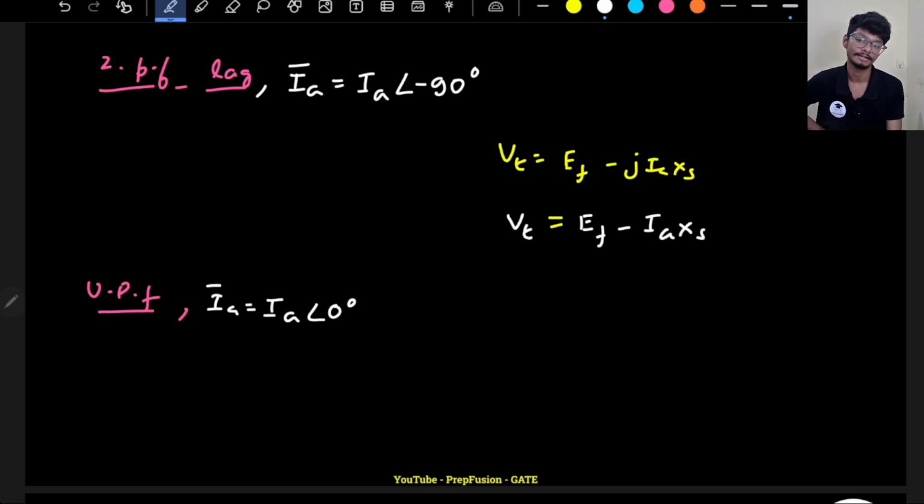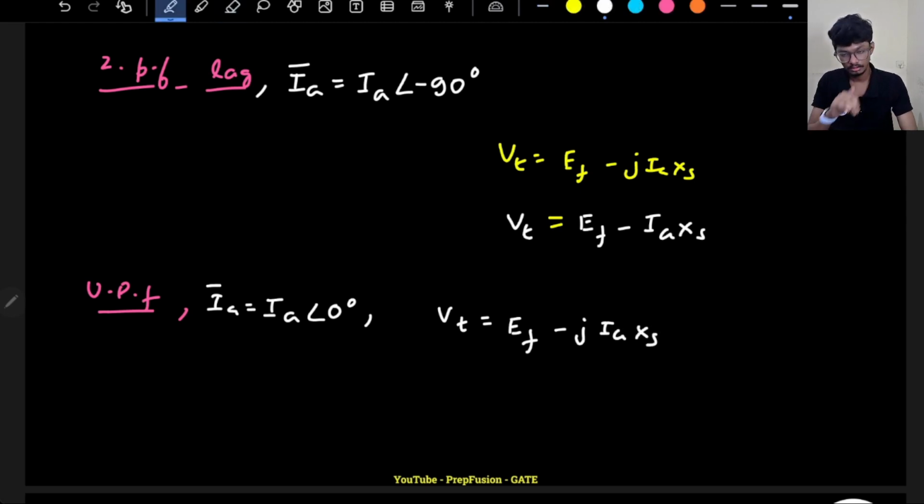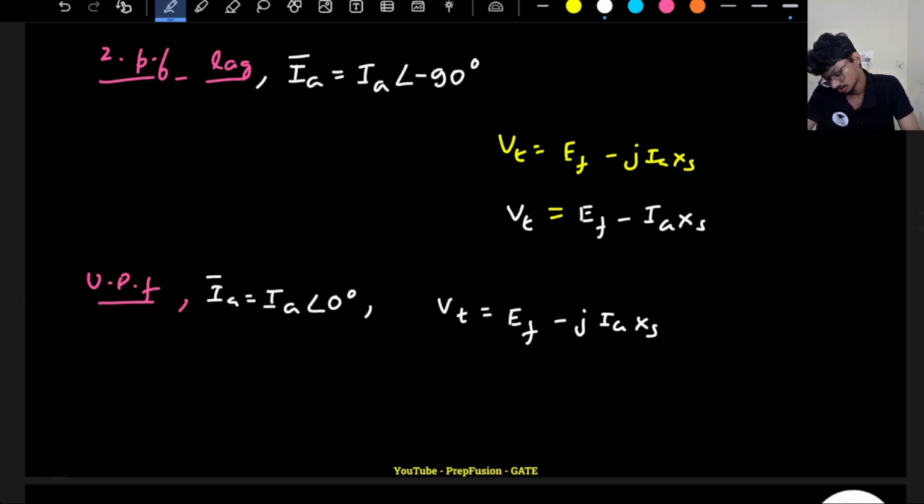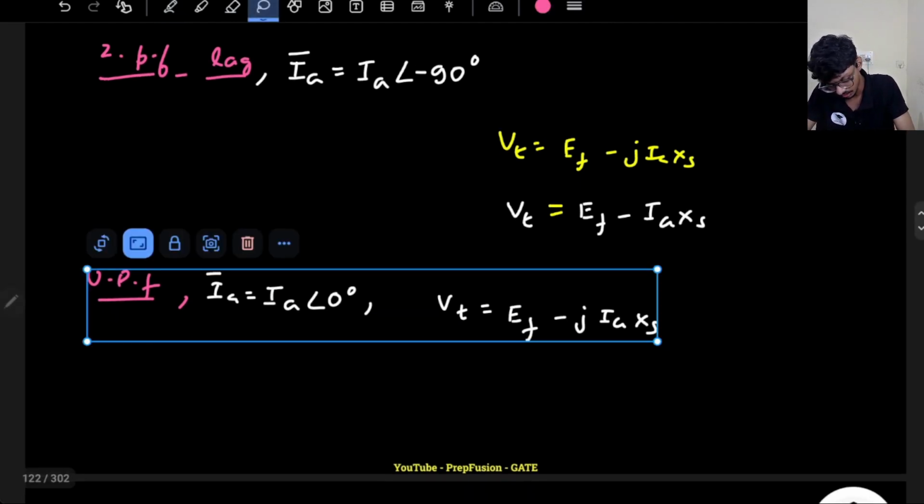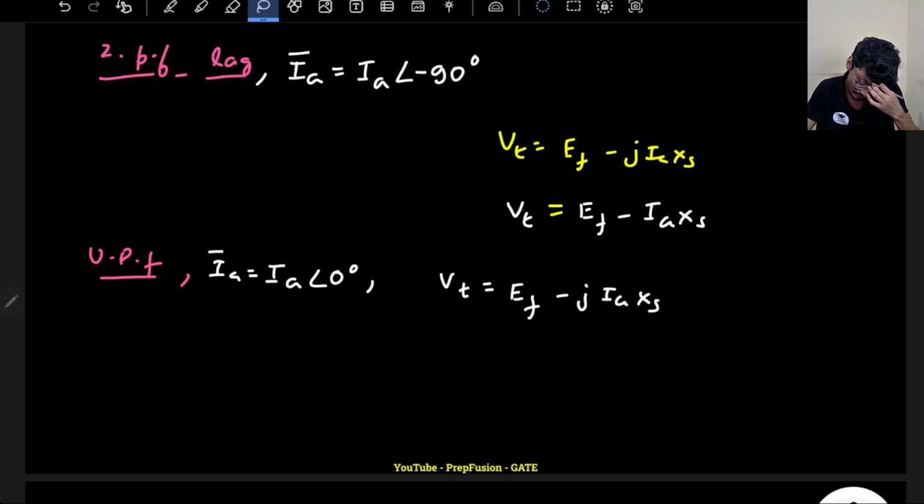So Vt equals EF minus j into Ia angle 0 into Xs. How can I draw the Vt? This one will be very interesting. You can either draw the phasor, or you can understand it in a different manner as well, that your Vt, right?